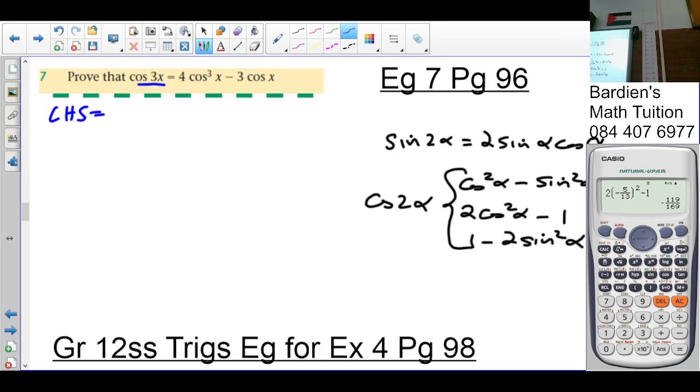Okay. Now cos 3x can be written as what? There we go. It's cos of 2x plus x. So what does that remind us of? The compound angle, not so?